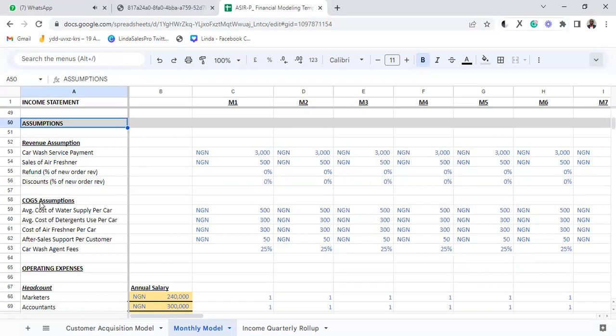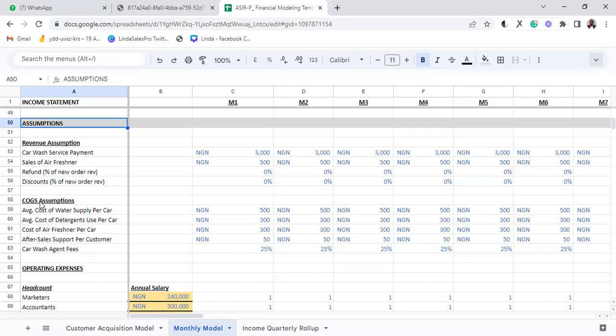Let's use shoe, for example. For you to buy the gum, the leather, to produce one pair of shoe, it costs you 1,000 naira. That is your COGS, right? Now you sell it 1,500. That happens to be the revenue.